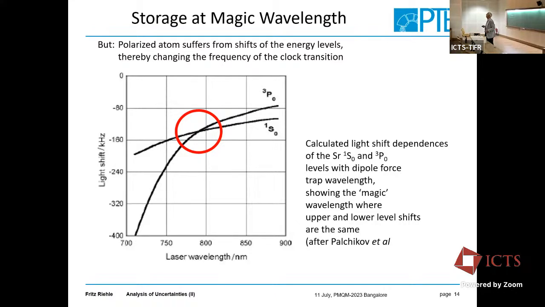These are fermions. This also depends on what kind of trap you use. If you have a trap that is tightly confined, you are perfectly right.